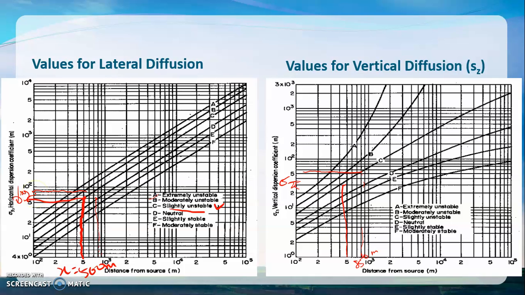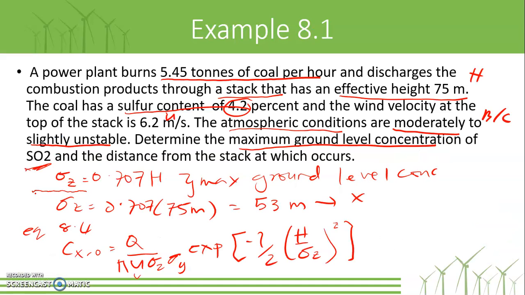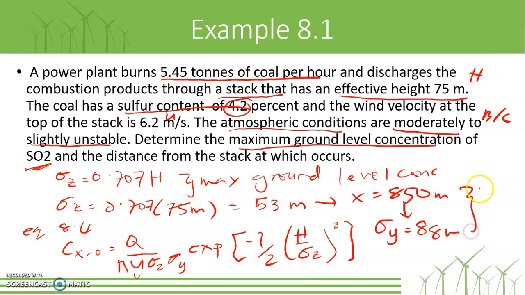So here you get x around 850 meter, and then you find sigma y, which from the graph will be 88 meter, more or less. These two are from the graph, figure 8.10 and 8.11.